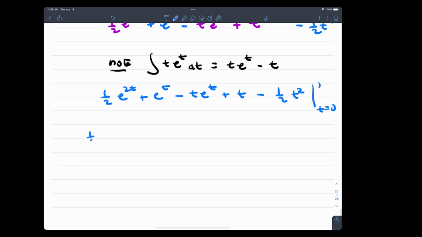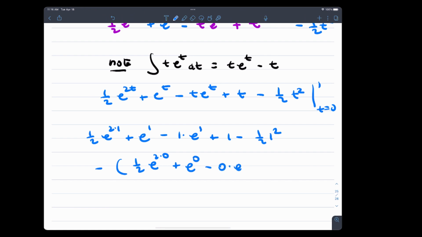So we get 1/2 e to the 2 times 1 plus e to the 1 minus 1 e to the 1 plus 1 minus 1 half 1 squared, minus 1 half e to the 2 times 0 plus e to the 0 minus 0 times e to the 0 plus 0 minus 1 half times 0 squared.